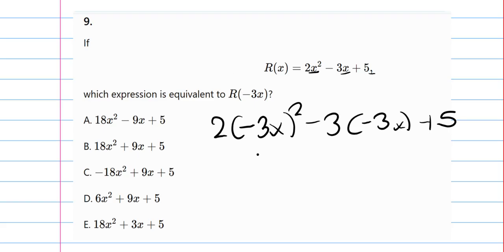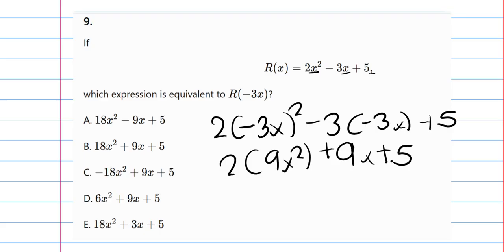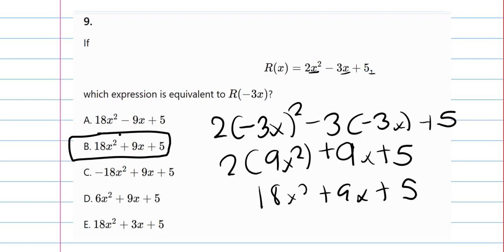The outcome would be 2 times 9x squared plus 9x plus 5. That would give us 18x squared plus 9x plus 5, and that would give us the answer B. That's as simple as that.